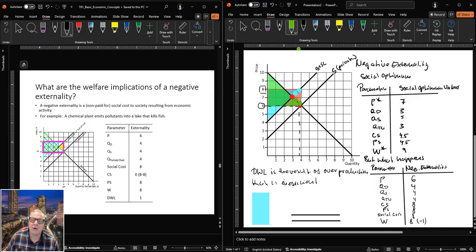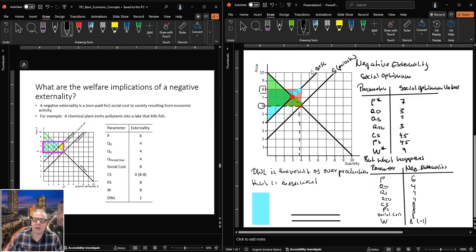Okay, so I hope that is clear. So that's a case of a negative externality. And what is unique here is the fact that we don't compare it anymore to a market equilibrium, but we first need to find the social optimum, and then we compare it with what's happening.